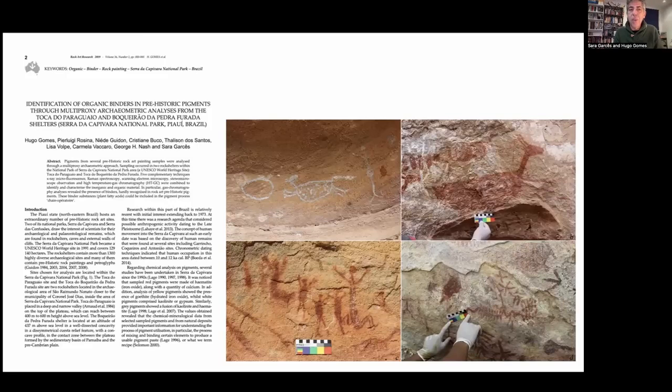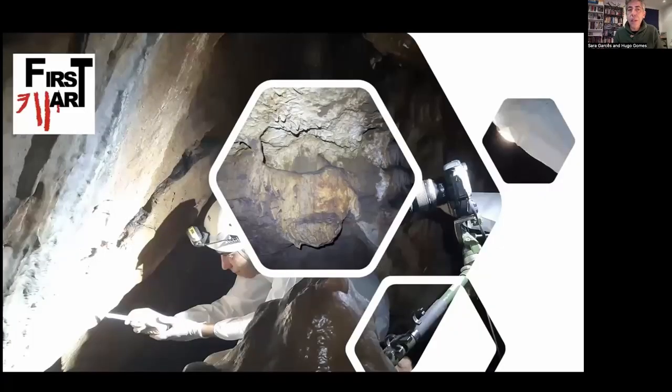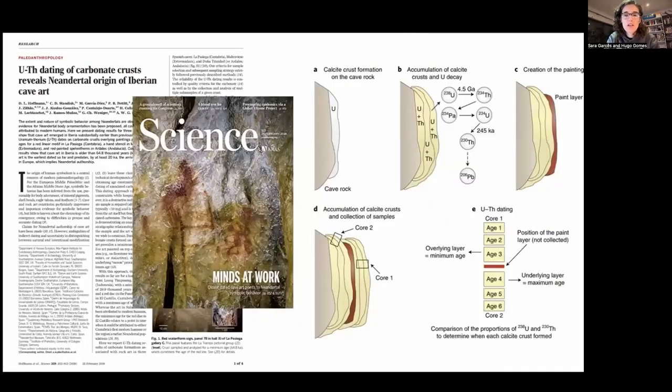And then we continued and extended this small protocol to a huge project, the First Art project. And I will pass the word again to Sara. Let me explain very fast that all these methodologies that you just learned about, we are actually using in a project called First Art.